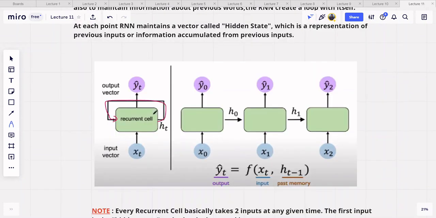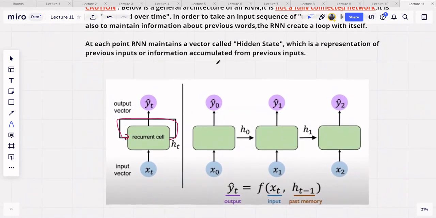The reason we have this loop is to persist information of previous inputs. The way the RNN does this is by something called a hidden state.